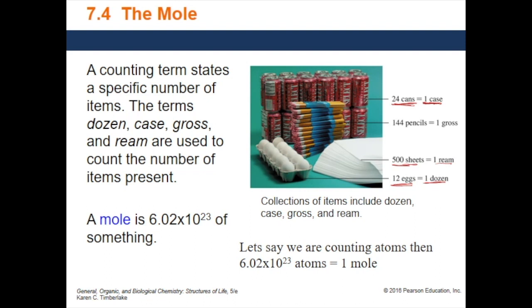A similar quantity that is used in chemistry is called a mole. 1 mole in chemistry is equal to 6.02 times 10 raised to power 23, which means if I say we have 1 mole of carbon, that means 6.02 times 10 raised to power 23 atoms of carbon.